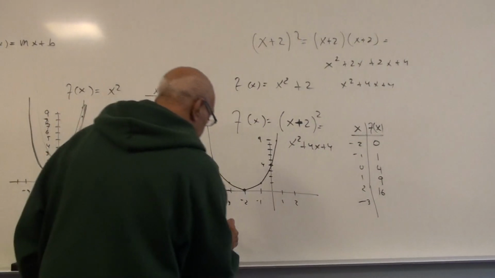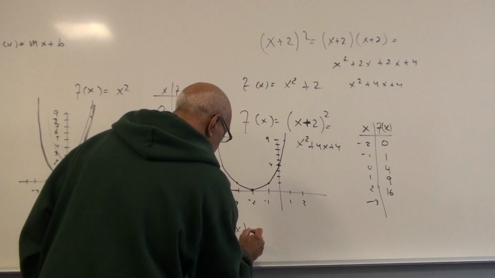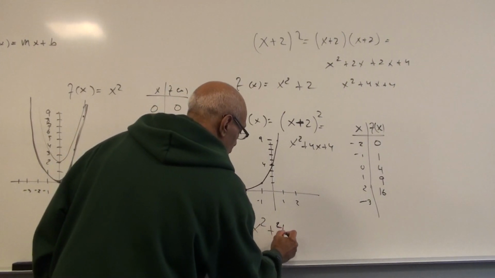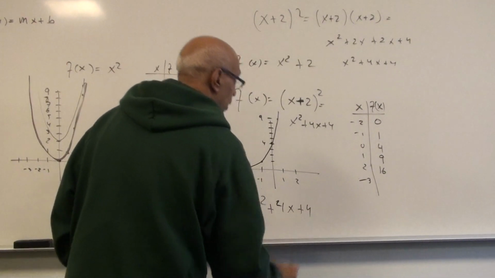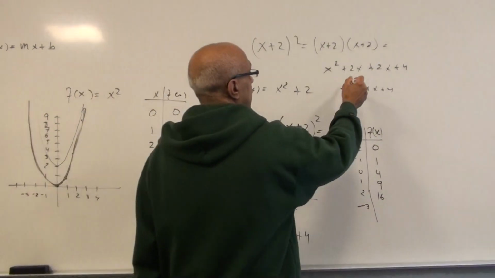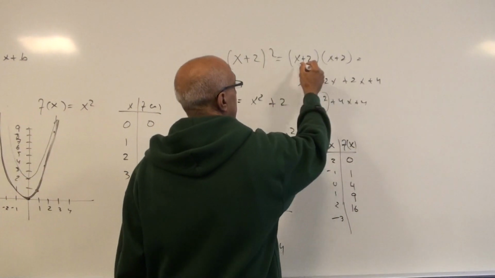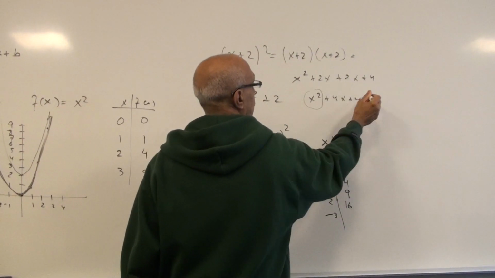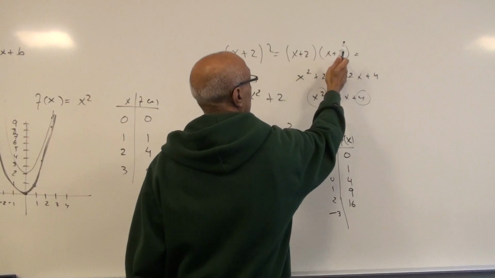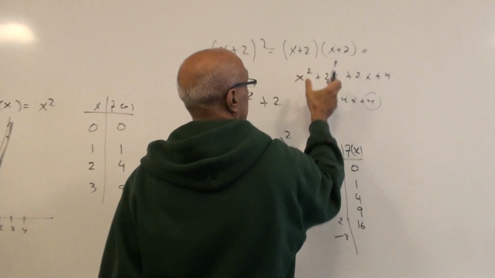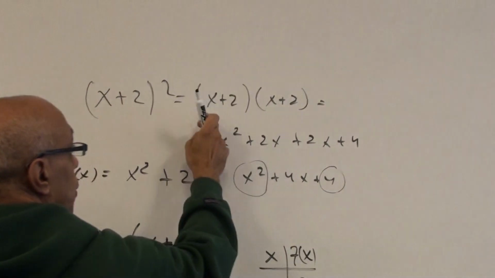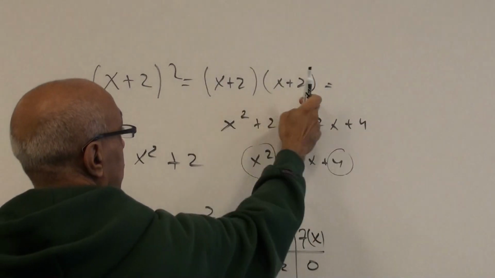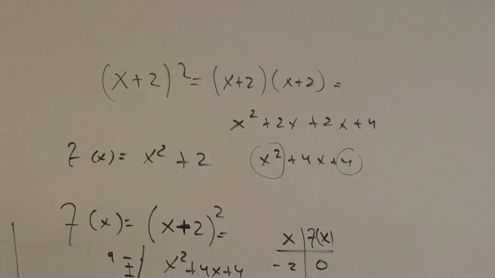So this function is the same as writing x squared plus 4x plus 4. Now notice that x times x is x squared, and 4 is 2 times 2. It's the product of the first numbers on the binomial, and this is the product of the last two numbers on the binomial.